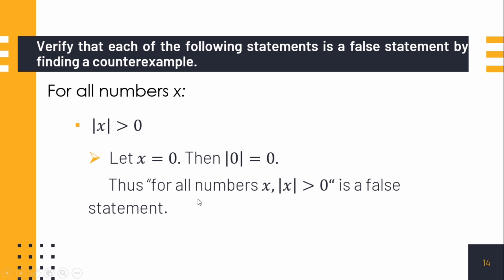But the given statement says greater than, and 0 is not greater than 0; they are equal. Therefore, the statement that for all numbers x the absolute value of x is greater than 0 is a false statement. So 0 is our counterexample.